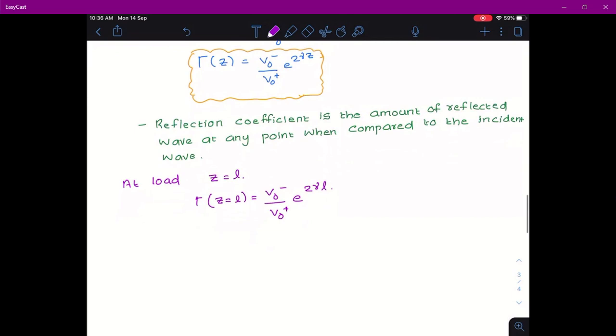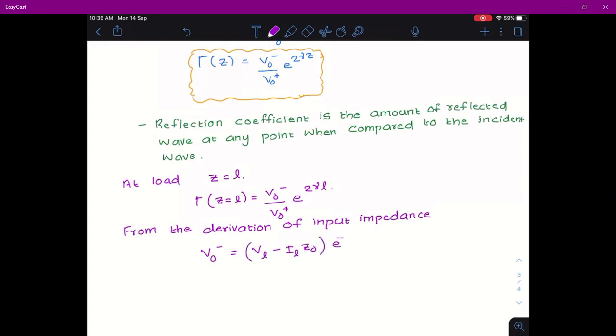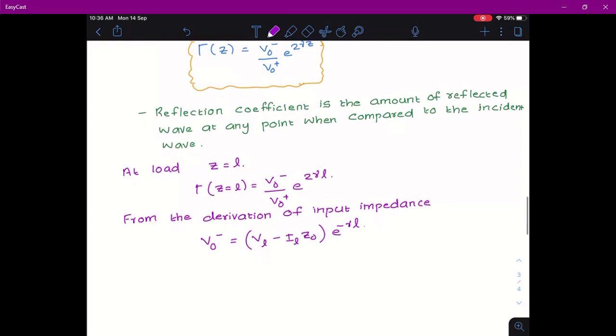Okay. But from the derivation of input impedance, we have seen that the value of V0 minus is equal to VL minus IL Z0 e raised to minus gamma L, and V0 plus is equal to VL minus IL Z0 e raised to plus gamma L. Okay.